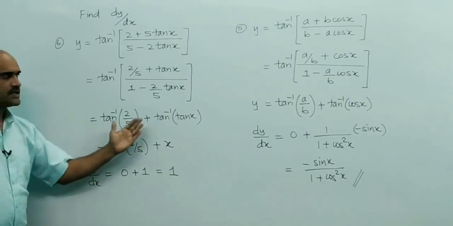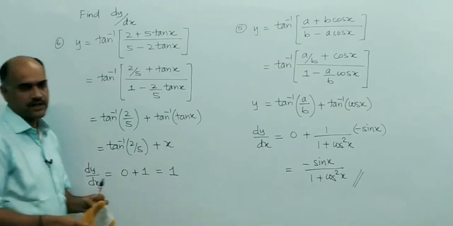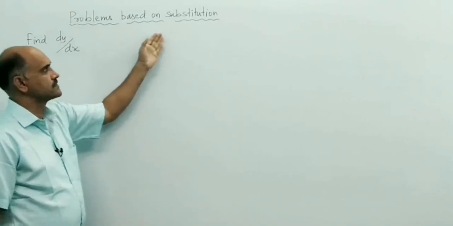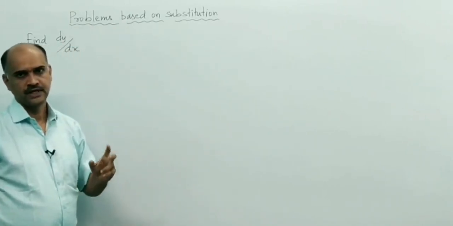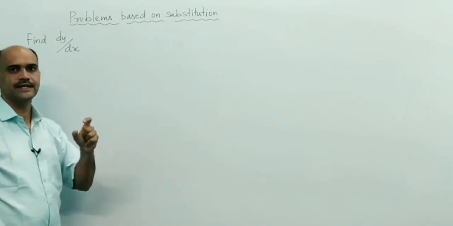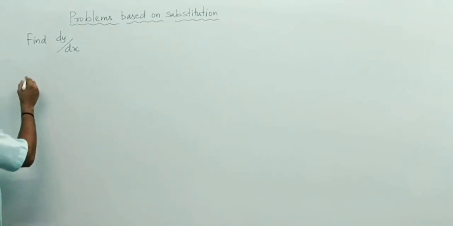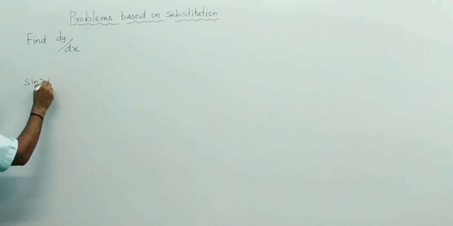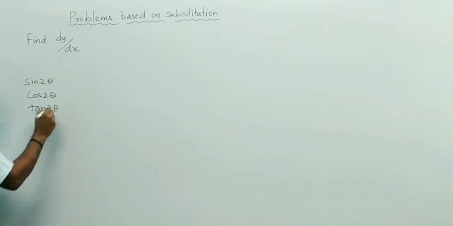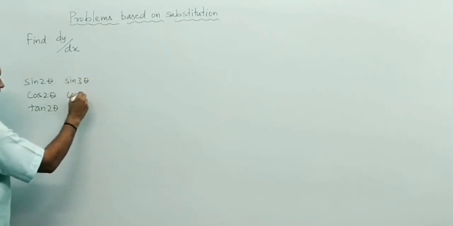Clear students? These problems you will be having for 1 or 2 marks. Okay? So now we will see next type problems, that is problems based on substitution. So now I will divide this into two sections. In this session I will be taking first type of problems which are simple, where you are required to use a formula of sine 2 theta, cos 2 theta, tan 2 theta, then similarly of sine 3 theta, cos 3 theta and tan 3 theta.